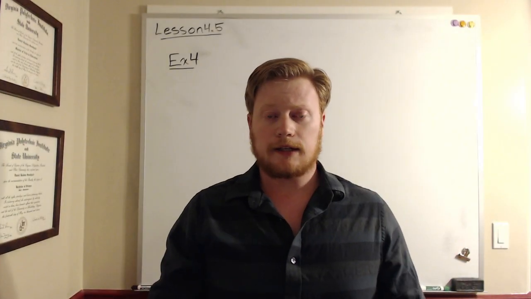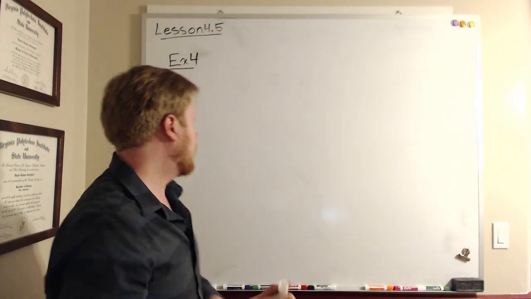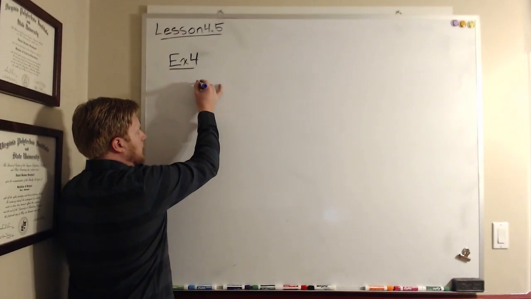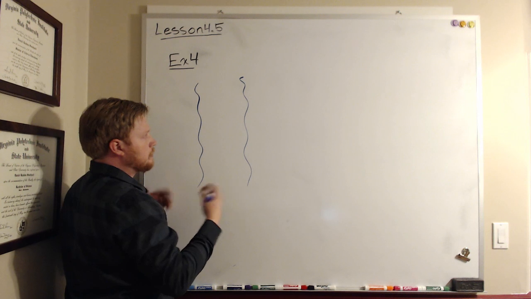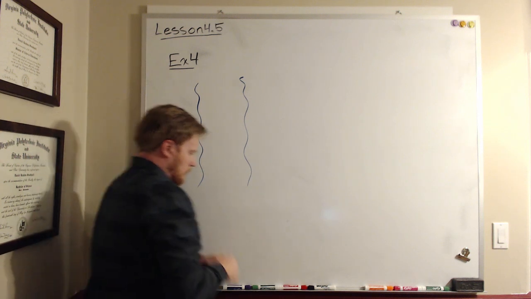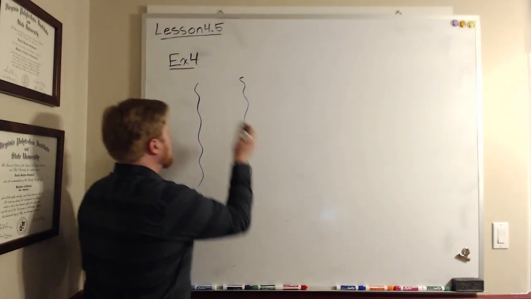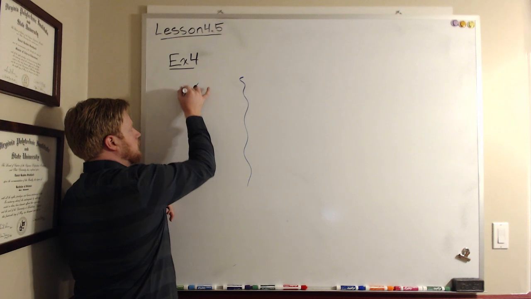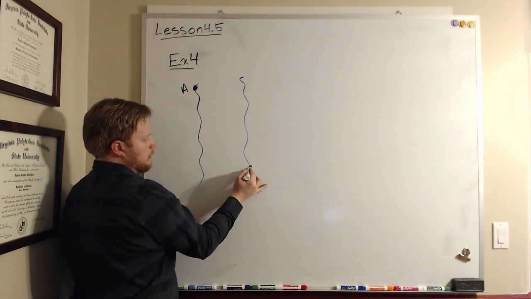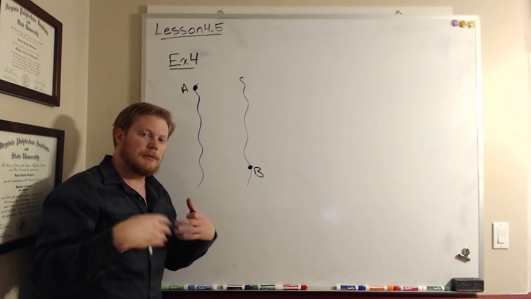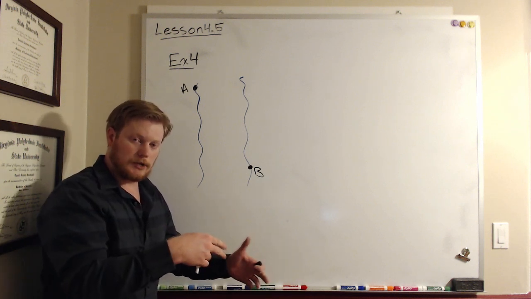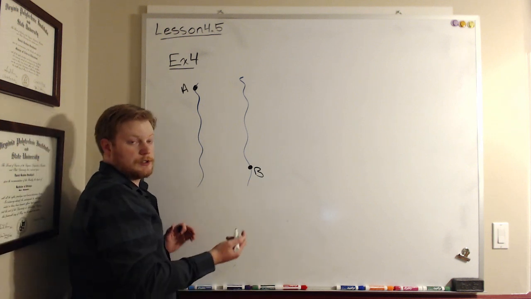Alright, so for the last example, something a little more challenging. So we've got another river, and as usual in calculus, our rivers are straight. We've got a man standing at A, and he wants to get to B, through a combination of rowing and running. So he has a few options.